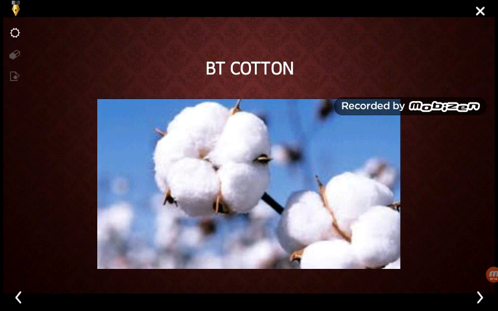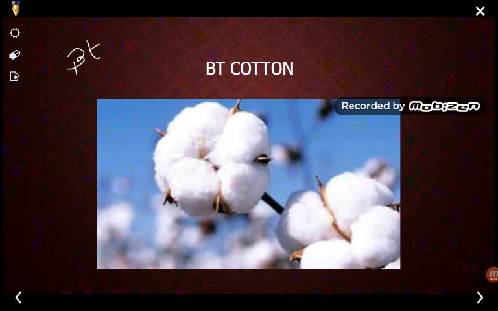So in this image you can see Bt cotton. It is again a genetically modified organism, a genetically modified pest resistant plant.